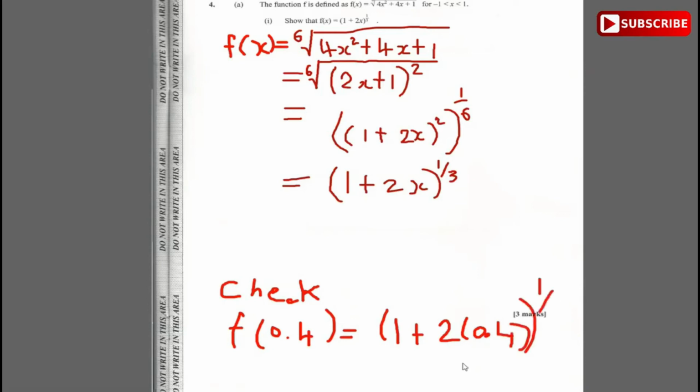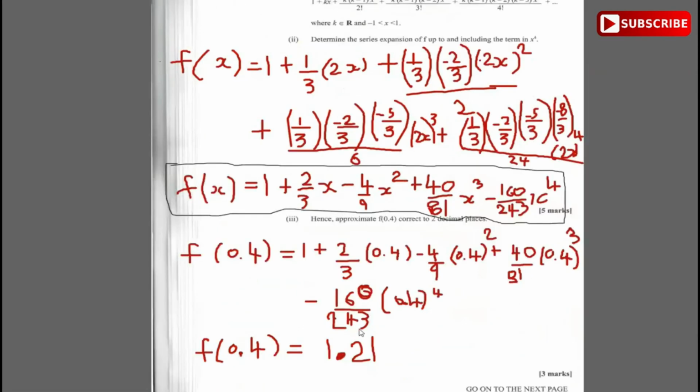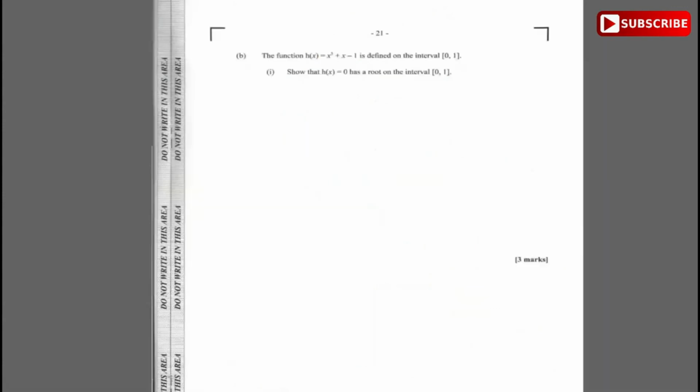So you do this check to see what you get, and I get 1.22. So now I notice that I get 1.22, and this is pretty much close right here. So I know we didn't make any mistake. We're good, so we may continue. All right, now part B.